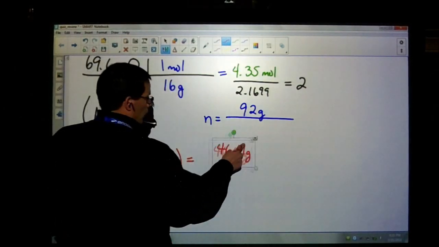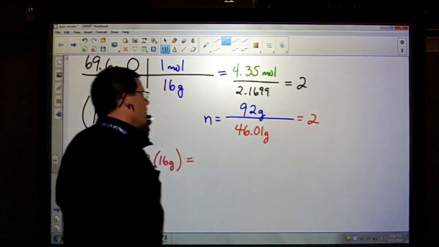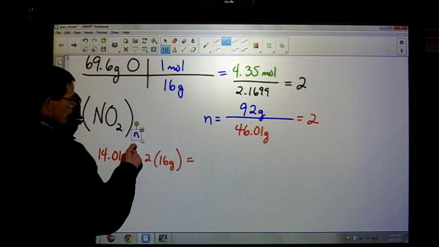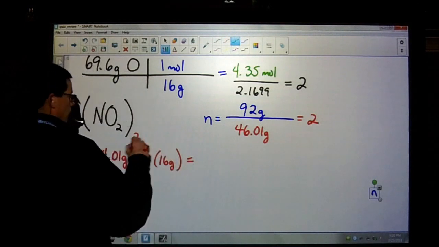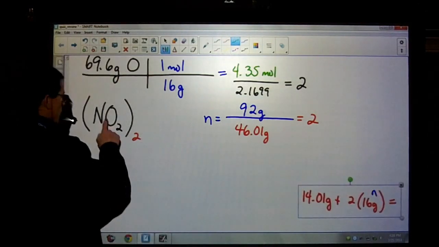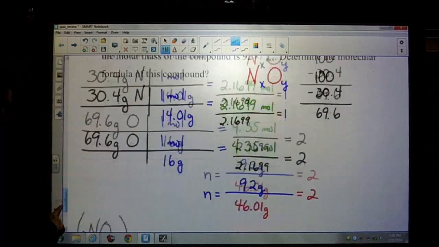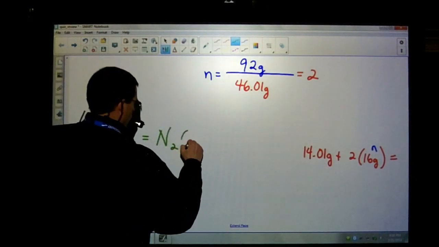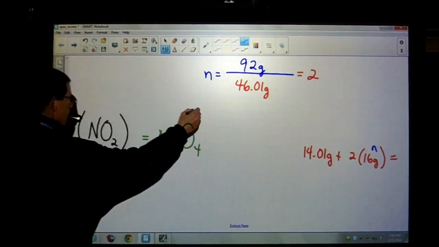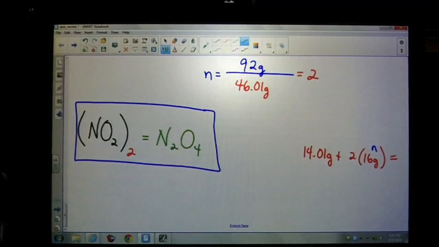Now obviously that is half of 92, so our value is 2 there. That's a 2, which means that it's N2O4. So our empirical formula is NO2, and then our molecular formula is N2O4.